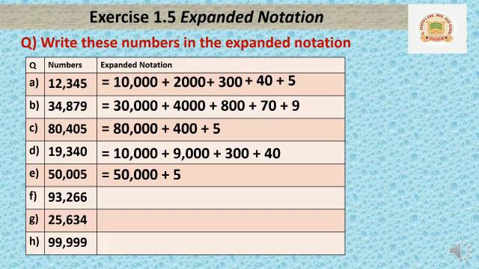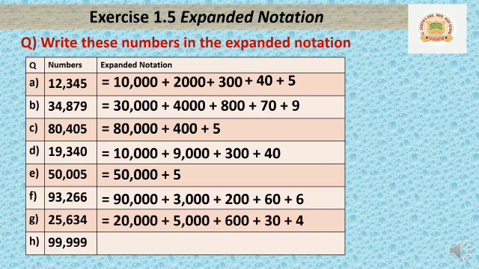In all the places we are having digits, so we have to write each number. 90,000 plus 3,000 plus 200 plus 60 plus 6. Now in the G question also we are having all the digits, so let us write the expanded notation. 20,000 plus 5,000 plus 600 plus 30 plus 4.